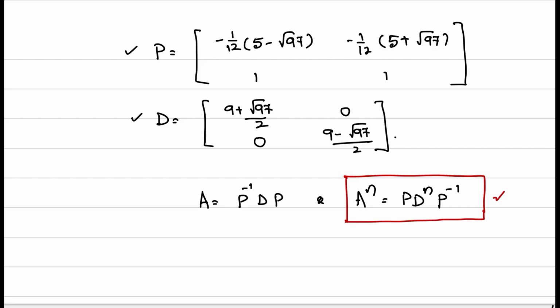Otherwise, if you feed A to the power of 100 to a machine, it has to multiply 100 times in the traditional way, whereas once you have P and P inverse, they do not change. It is only D. Once it is diagonalized, finding the power of the diagonalized matrix is very easy.